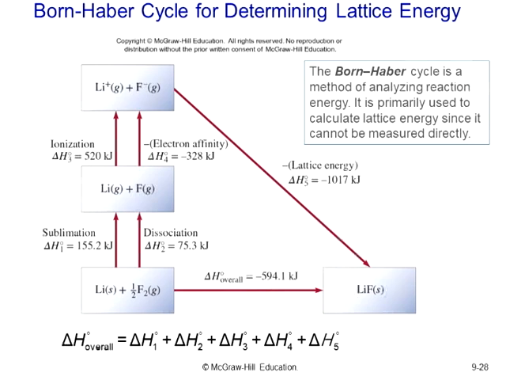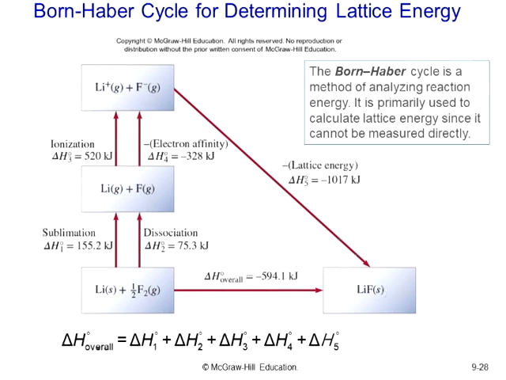Now, getting this information is not so straightforward, but it can be acquired through a process called the Born-Haber cycle. The Born-Haber cycle is a method of analyzing reaction energy. It is primarily used to calculate lattice energy since it cannot be measured directly.